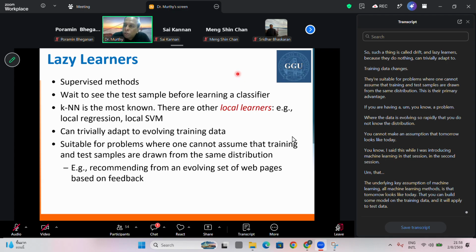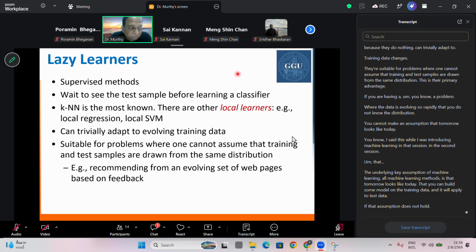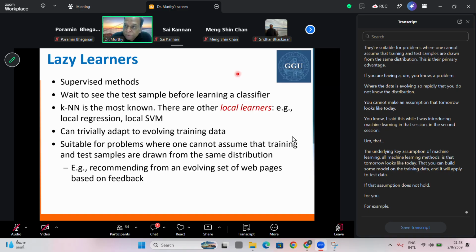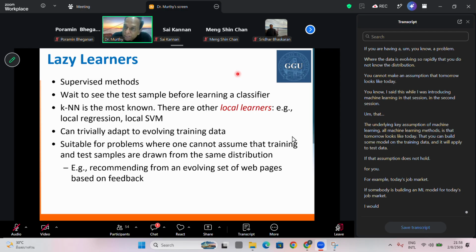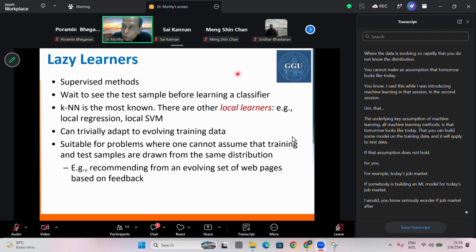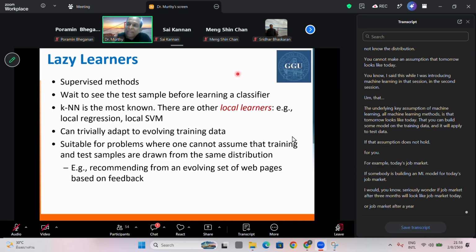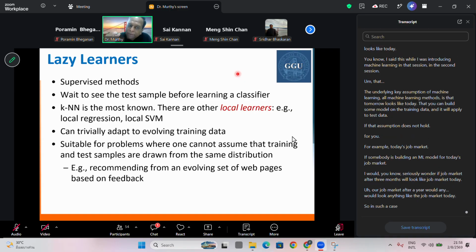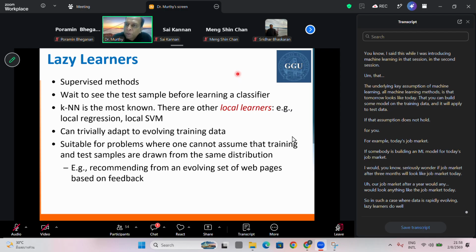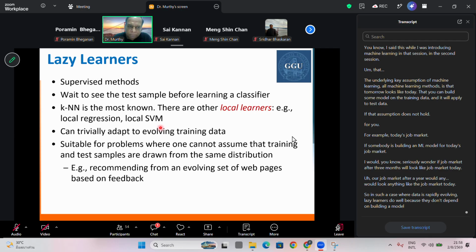If that assumption does not hold for you, for example, today's job market, if somebody is building an ML model for today's job market, I would seriously wonder if the job market after 3 months will look like the job market today, or the job market after a year would look anything like today. So in such a case where data is rapidly evolving, lazy learners do well because they don't depend on building a model. Okay.